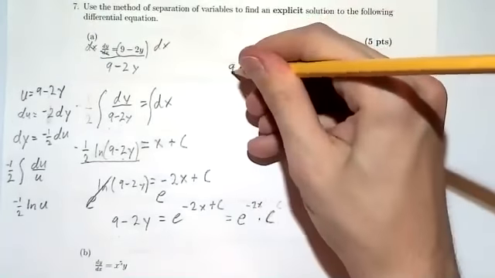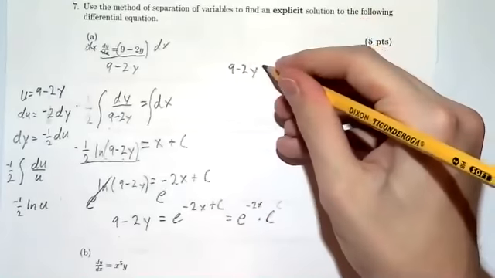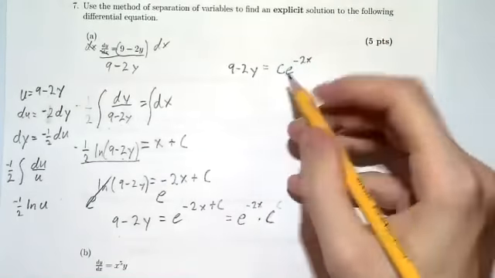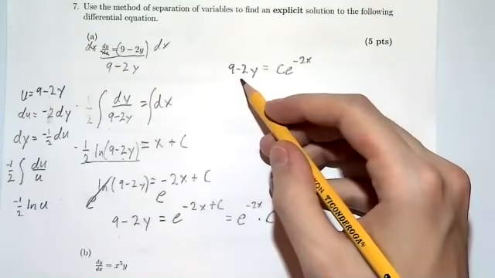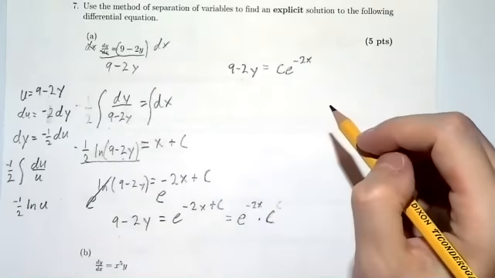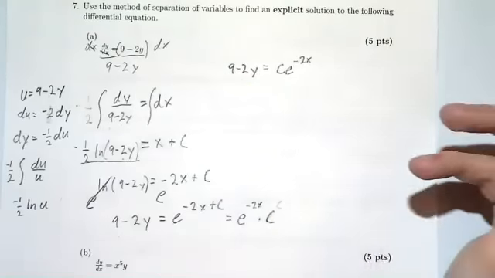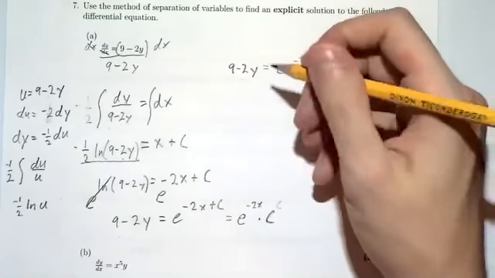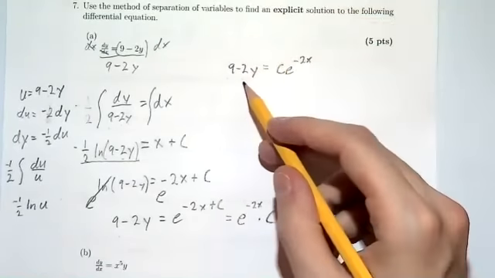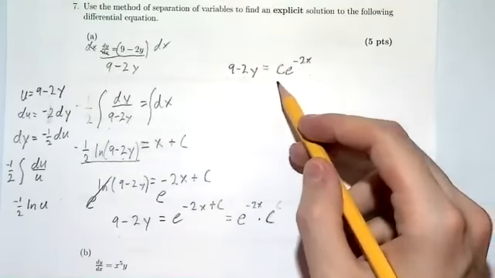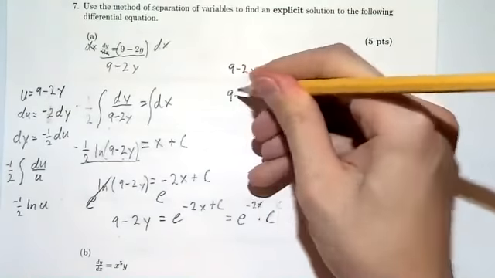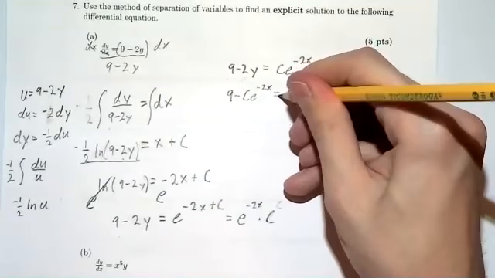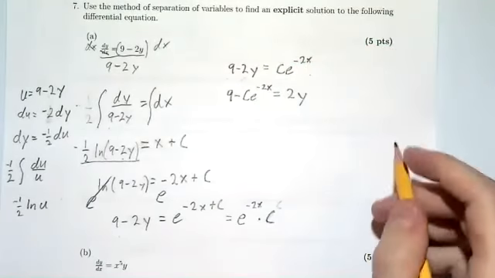So now we have 9 minus 2y is equal to ce to the -2x. We can choose to either add 2y over and subtract this over, or subtract 9 over and then divide by -2y. Either case works. I'm just going to add 2y over and subtract this over. So 9 minus ce to the -2x is equal to positive 2y.